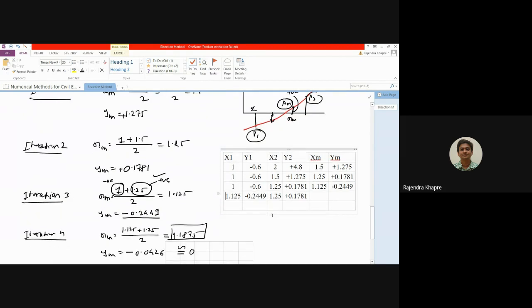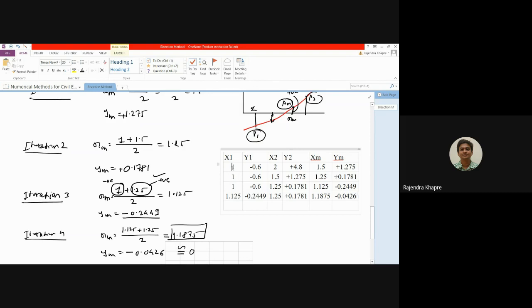If you go with this bisection, you end up with 1.1875, and the corresponding y value is negative 0.0426. Our aim here is to find the value of x such that the corresponding value of y is close to 0.